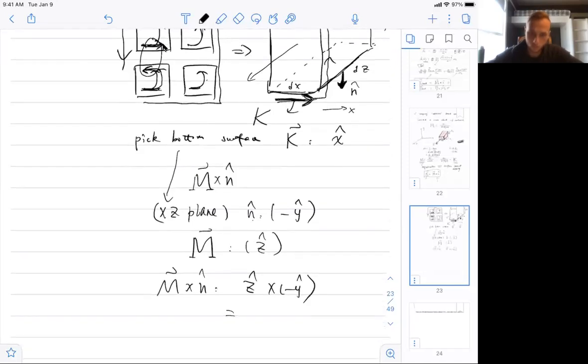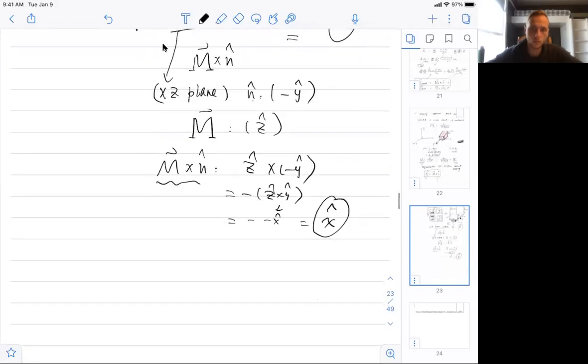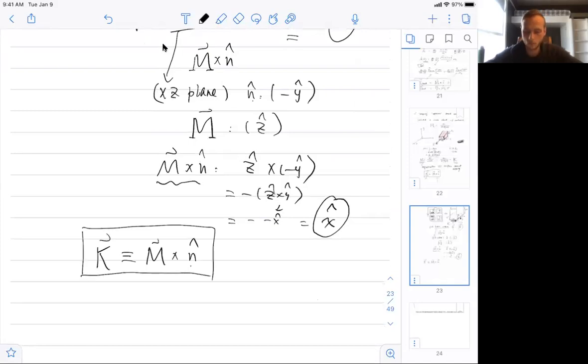Negative z cross y is a negative x hat, negative negative gives you positive x hat. So indeed, M cross n hat for the bottom surface is in the same direction as my bound surface current density. Therefore, we said it looks like we can describe our K using magnetization crossed with the area vector for the particular surface you're looking at.